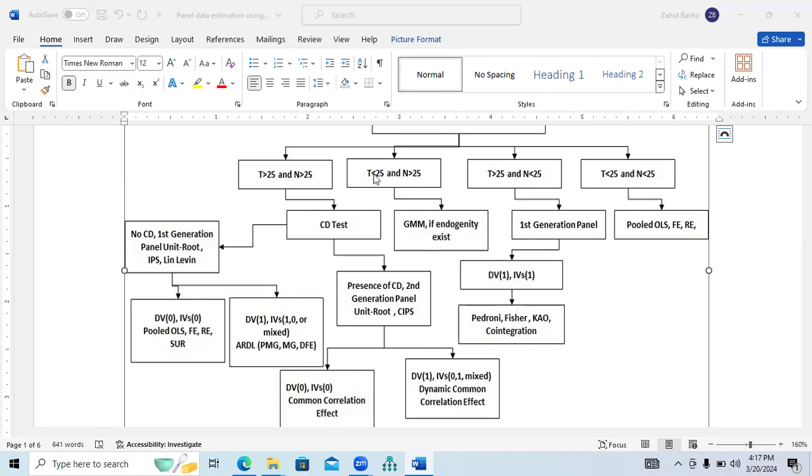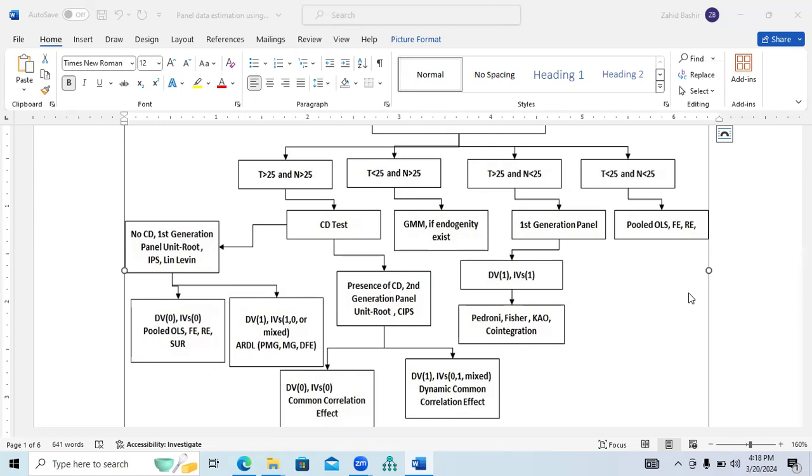The next thing is that if your T is greater than 25 and N is also greater than 25, then you are going to test the cross-sectional dependence test. If you find cross-sectional dependence, then you are going to use the second generation panel unit root test using the following procedures.